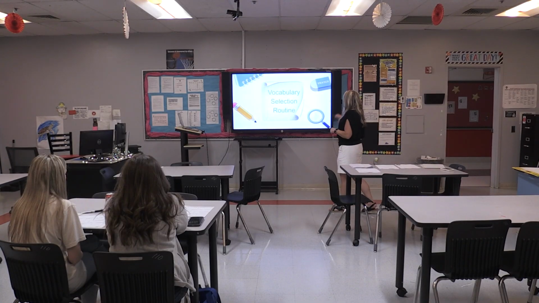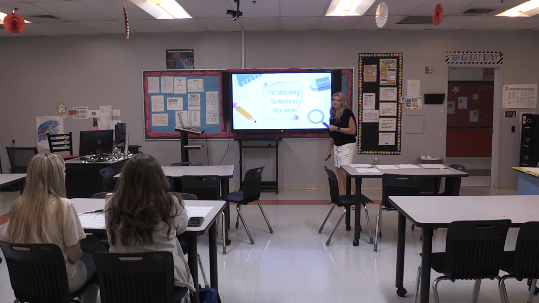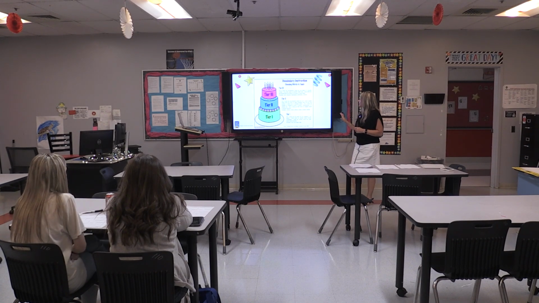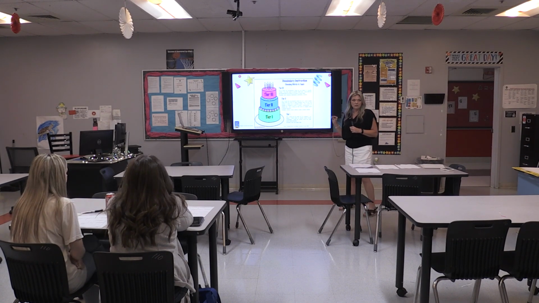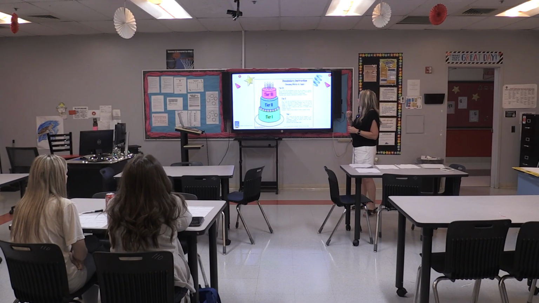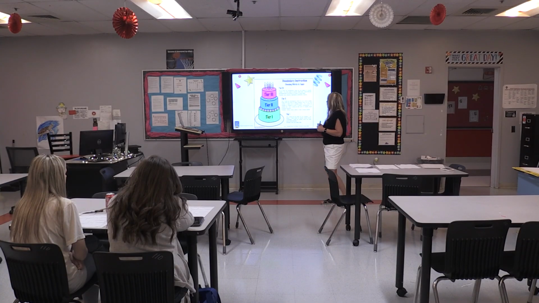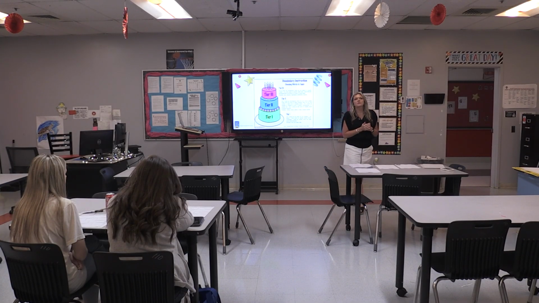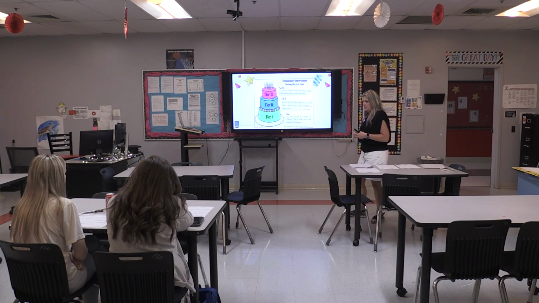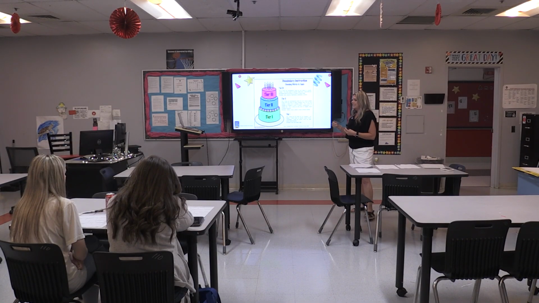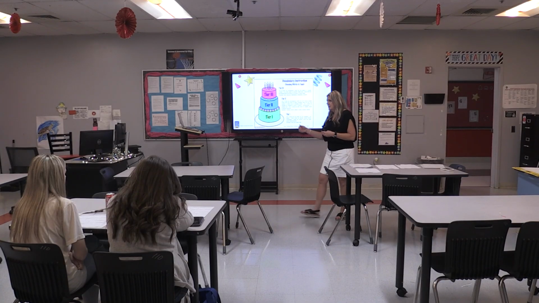Okay, so now we're going to get into the selection routine. We're going to talk first about the tiers of words. They're broken down into 3 tiers. Your tier 1 words are words that you're going to see in everyday conversation. Words like table, funny, dog, run.